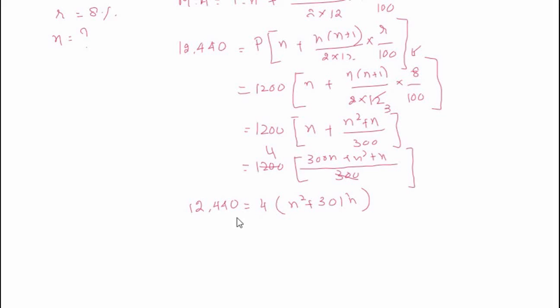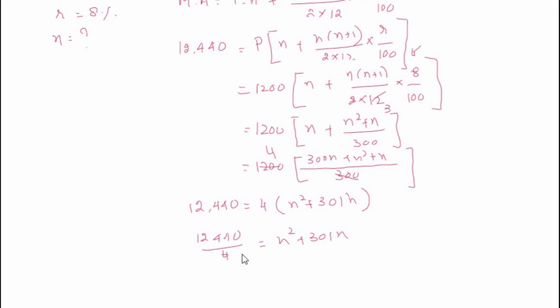Now let us divide all by 4. So this is 12,440 divided by 4 is equal to N square plus 301 N.